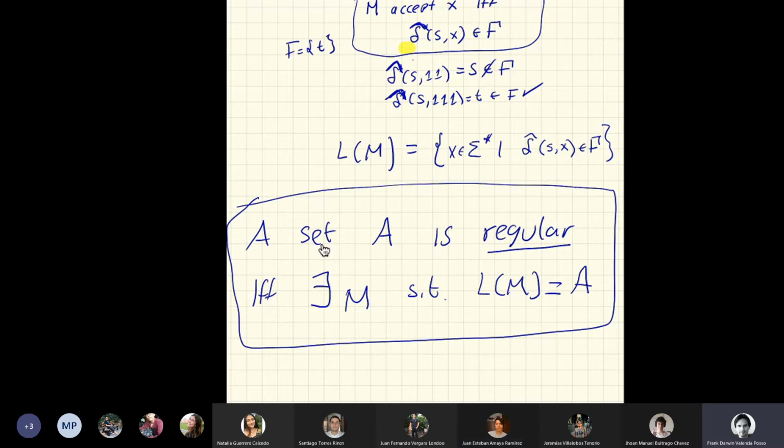But look at the definition. What does it say? Queda el mismo conjunto, tal vez. I'm not going to give you the solution, but at least what you need to show to prove that a set is regular. What does the definition tell you?